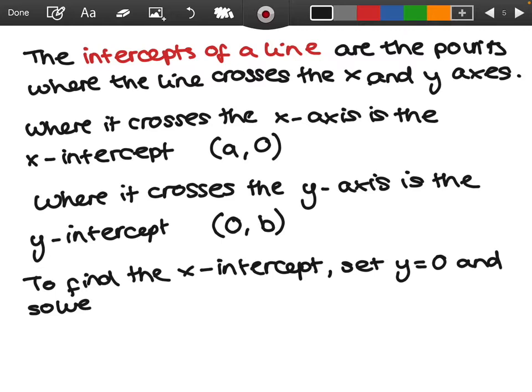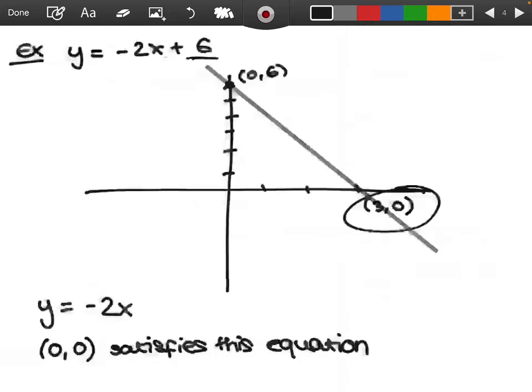Why do I do this? Okay, go back to this example. To find my x-intercept, I'm going to set y equal to 0. The reason I do that is because I know that my x-intercept is of the form some constant, we'll call it a for now, for x, and then 0 for my y component.